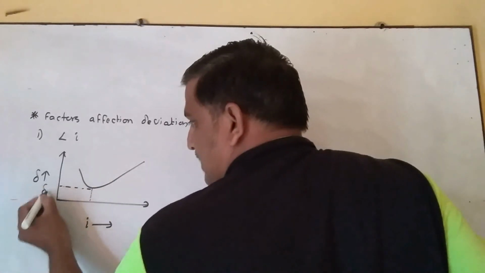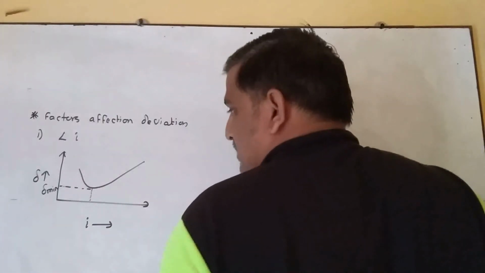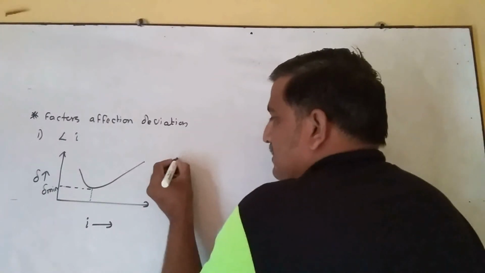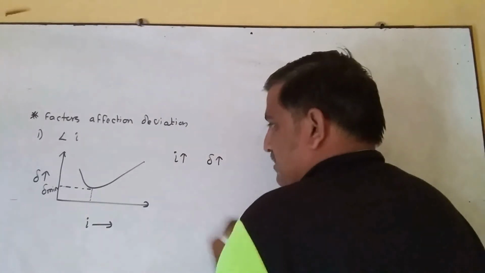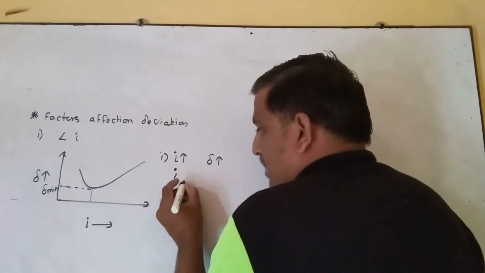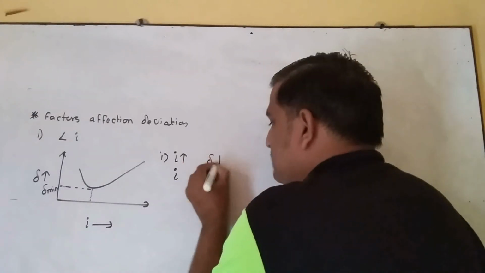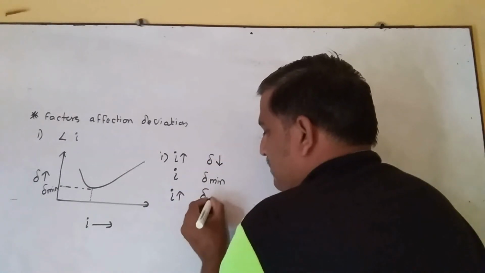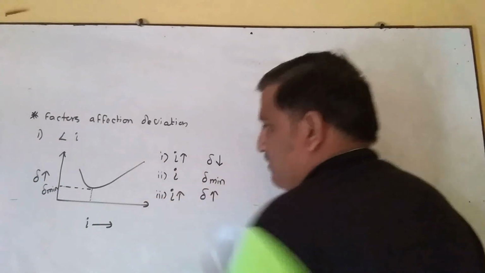So here I can say delta minimum. Again, with further increase in angle of incidence, we find the angle of deviation increases. Means as I increases, delta also increases. So these are the three steps you keep in mind.